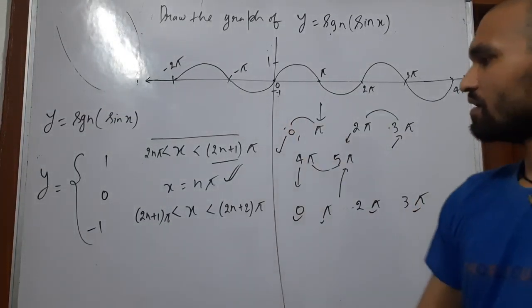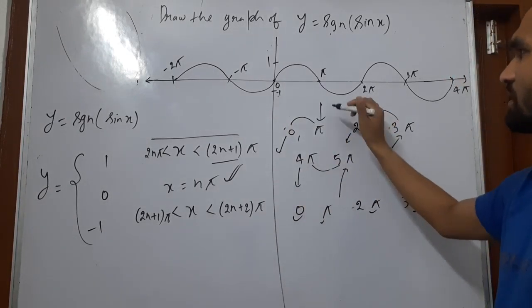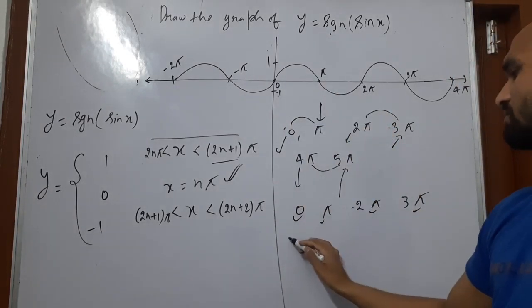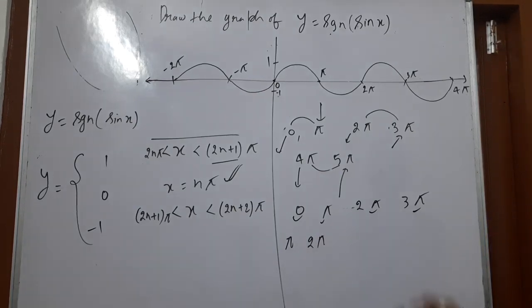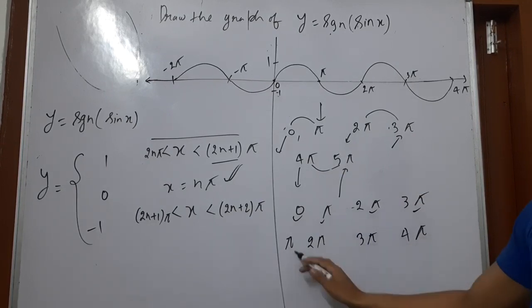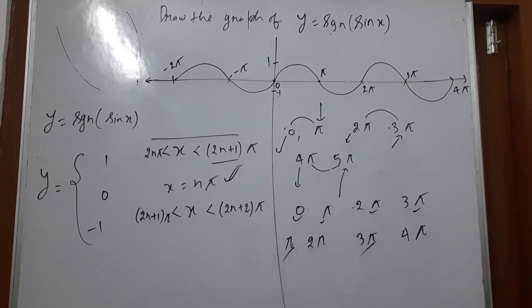Decide that when it is negative, between pi and 2 pi, after that 3 pi and 4 pi. We should see the first values: pi, 3 pi, after that 5 pi.